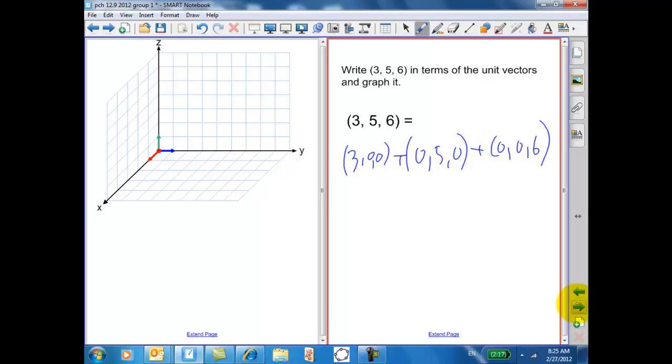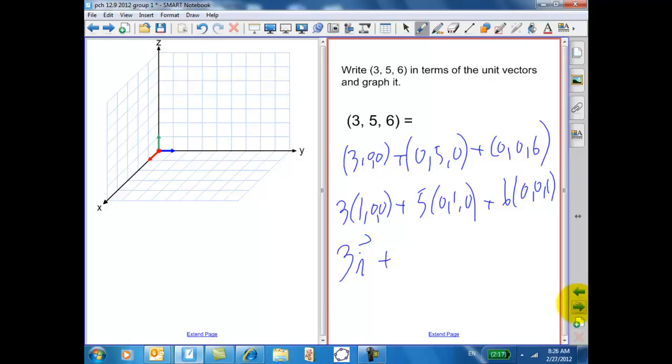So the forward, to the right, and the up component, okay? And so this is thrice 1, 0, 0, and 5 times 0, 1, 0, and 6 times 0, 0, 1. And so that's where you get 3 I's, and 5 J's, and 6 K's.